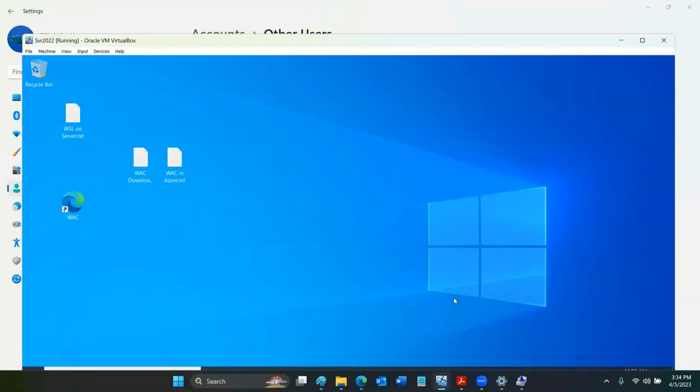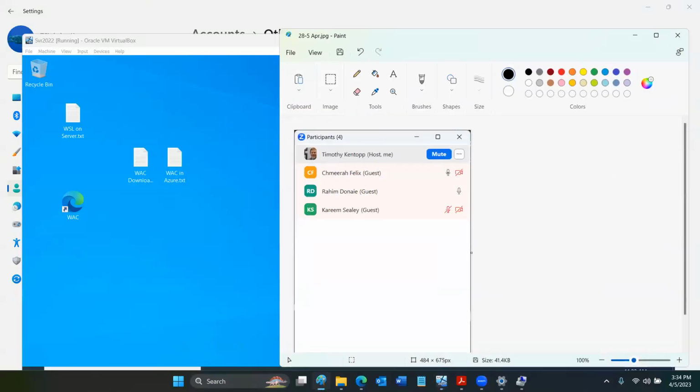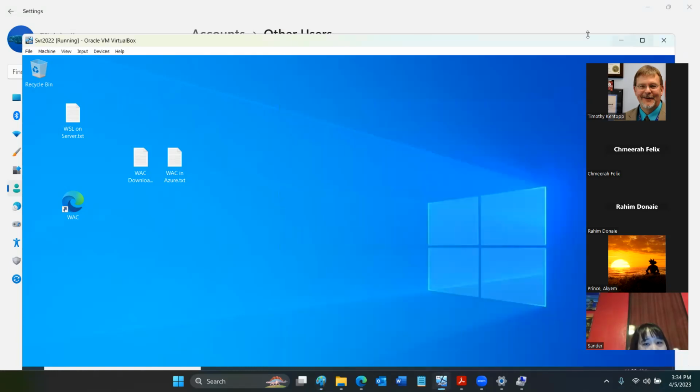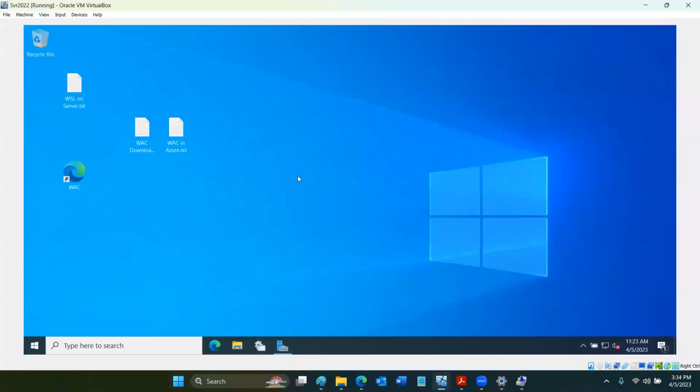Now, it's easier to see when you're working in a server environment. Can everyone see my screen? Yeah. Okay. So let's look at this same topic in a Windows Server environment. Now, this Windows Server environment is going to look and feel the same as it would if my laptop were a Windows 11 Professional Edition.